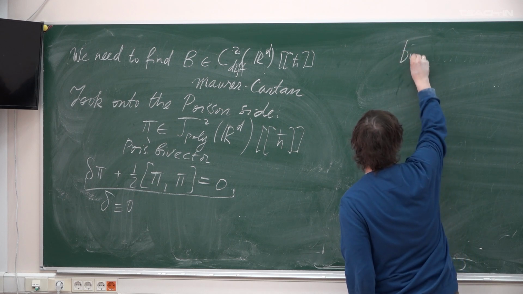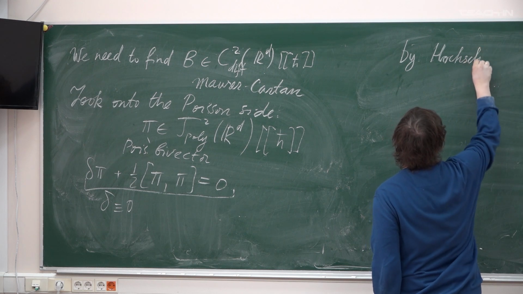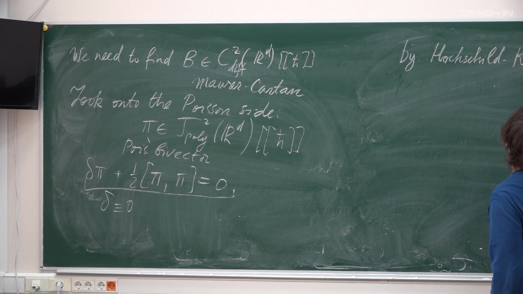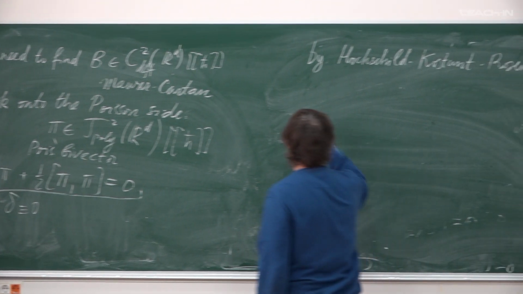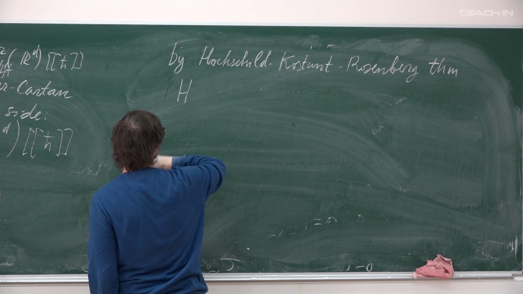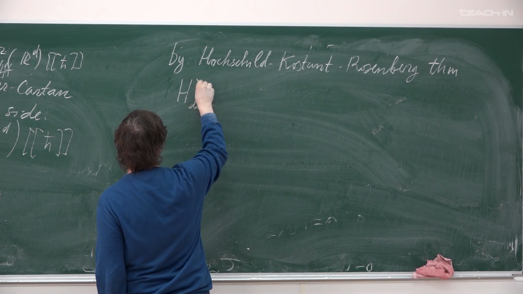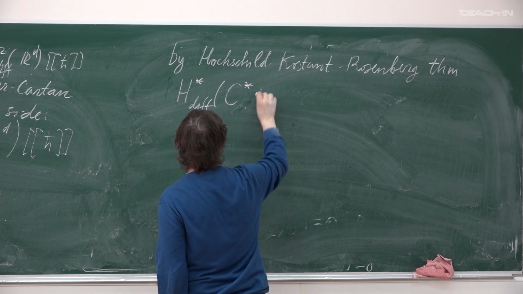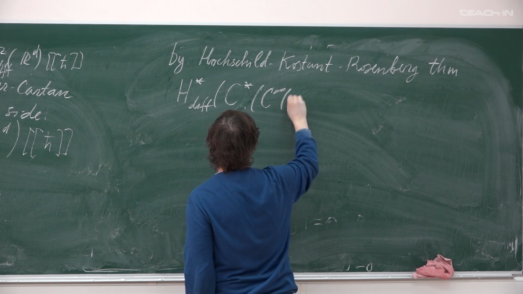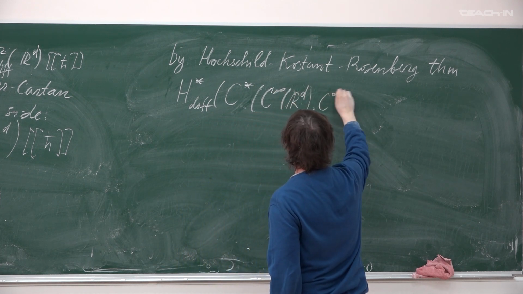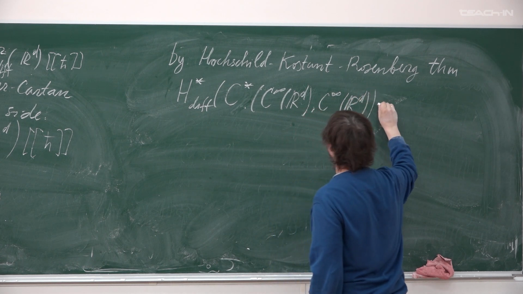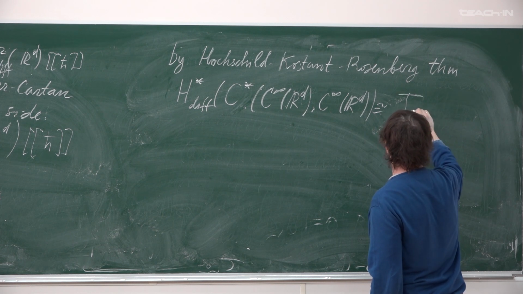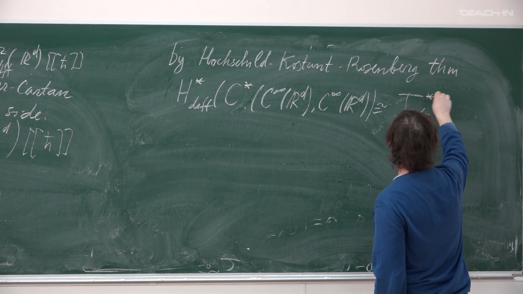So by the Hochschild-Kostant-Rosenberg theorem, the Hochschild cohomology of this differentiable complex of the algebra of functions on R^d is isomorphic to the space of polyvector fields on the same space.